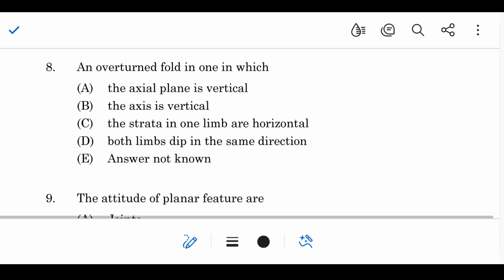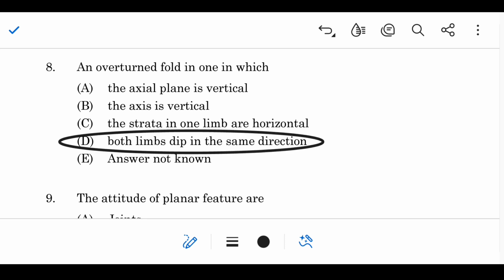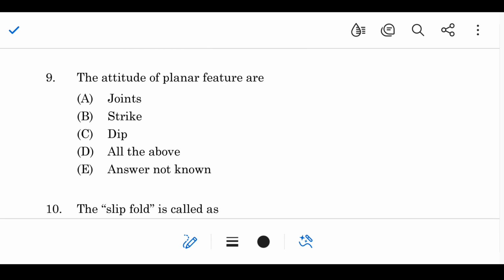Eighth question, an overturned fold is one in which both limbs are in the same direction. Option D, the attitude of planar features are all: joint, strike, dip. So all of the above.